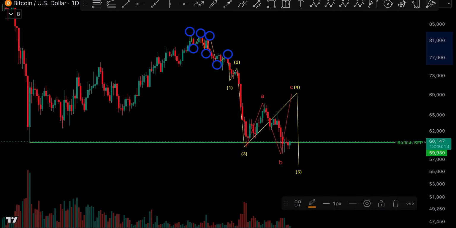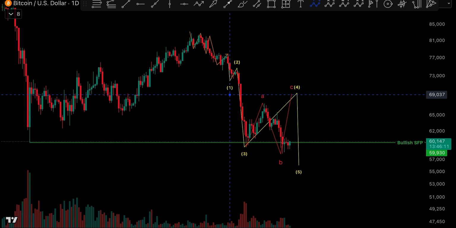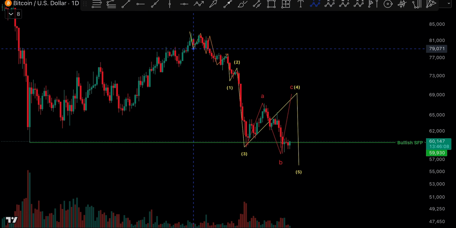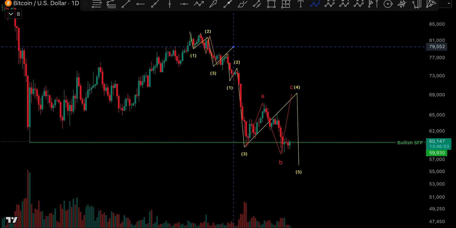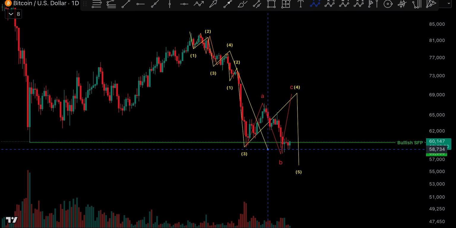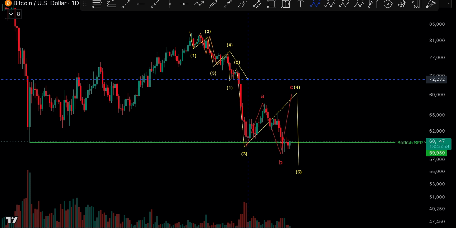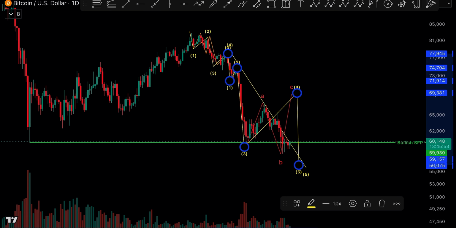Or if this is not a 1-2, 1-2 structure, this is only a 5-wave structure, and we count this as 1, 2. This could be that 3, 4, and if this moves as a 5-wave move down, an extended 5-wave, then we are still waiting for this 1, 2, 3, 4, 5, the 5-wave impulsive move to the downside, to be completed.